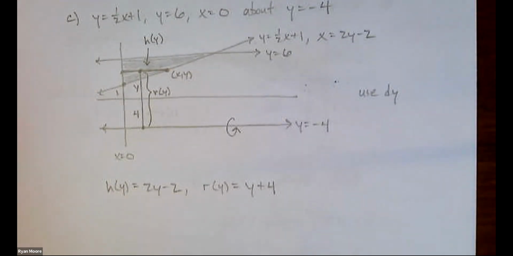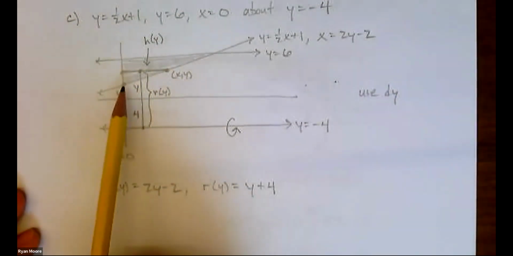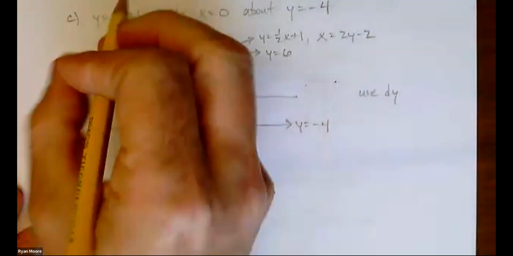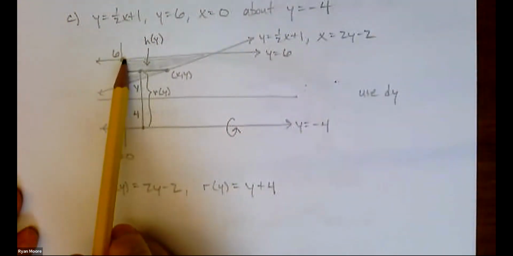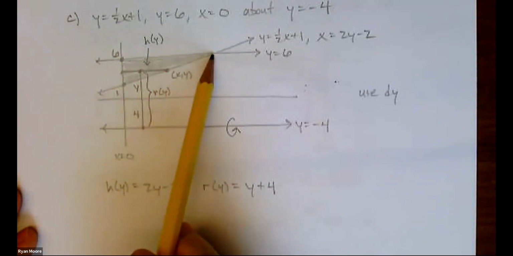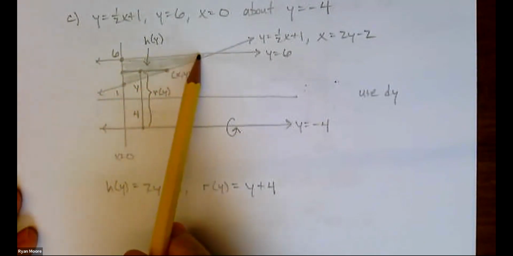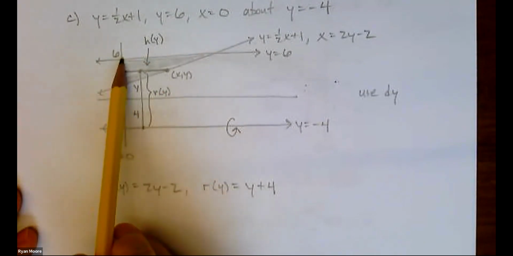If you want to, you can check yourself at the extreme points. I like to do that if I'm not sure if I got all this correct. We could check height and radius. Let's go way up at the top at 6. At y equals 6, what is the height? It would be this entire stretch across the upper edge of the region.